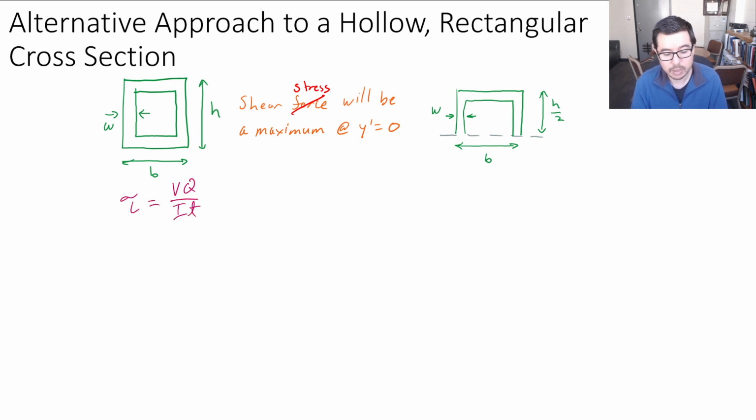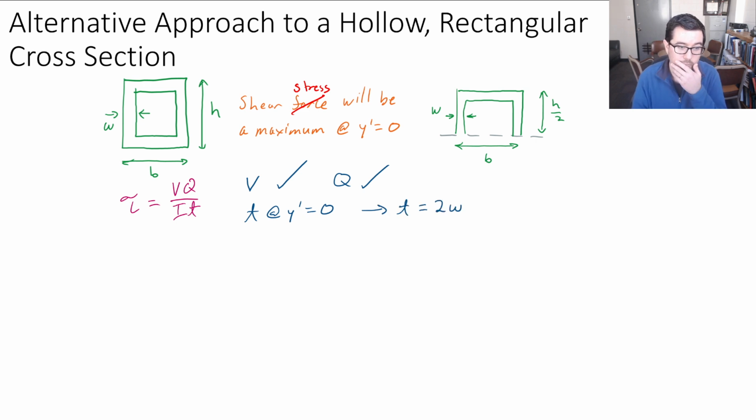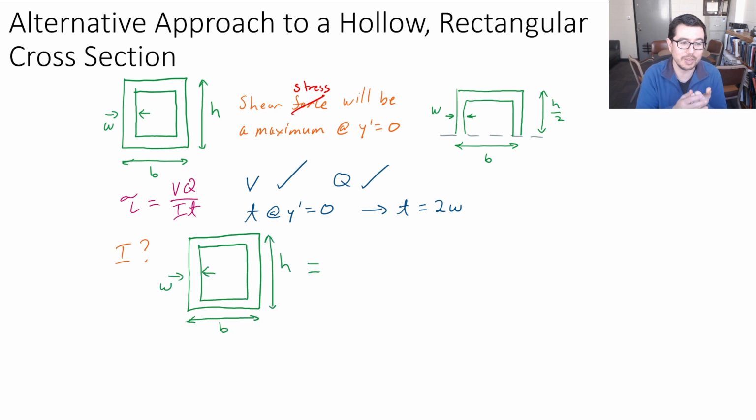We have VQ over It. We have our shear force. We have Q. We have t at y prime equals 0, that's 2w. And if we want to figure out I, we go back to what we know from our previous session.